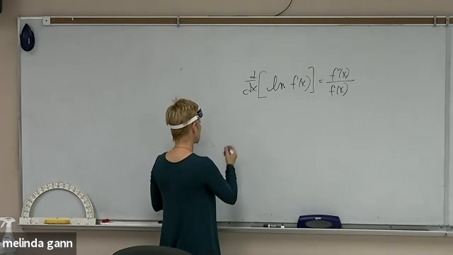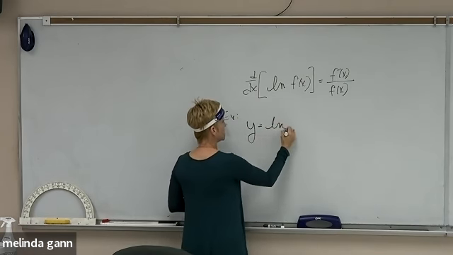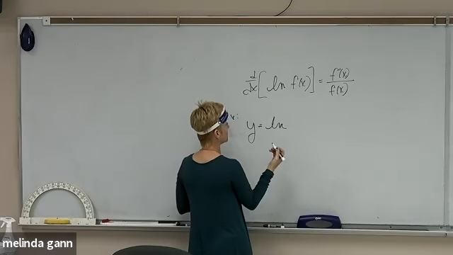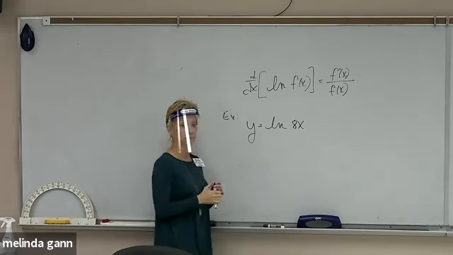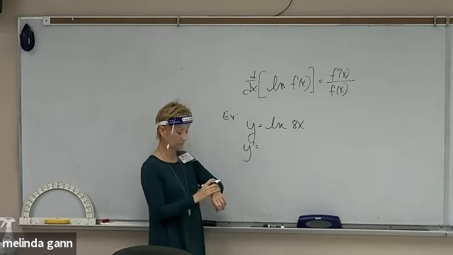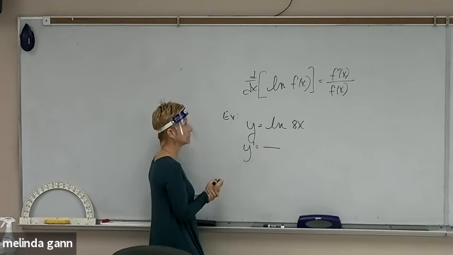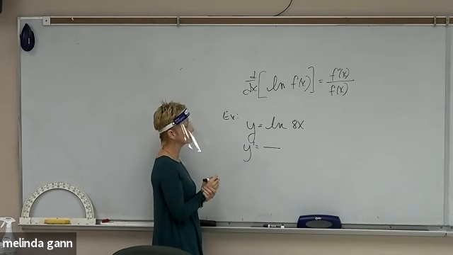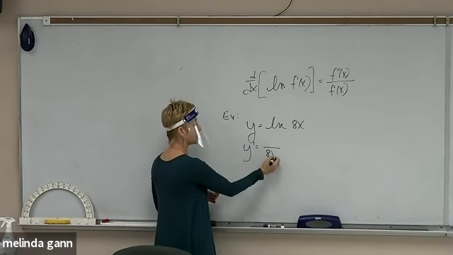So what that means is this. If your function was the natural log of something simple like 8x, and I told you to take the derivative, what goes on the bottom? Look at the form. The function. So what goes on the bottom? 8x.